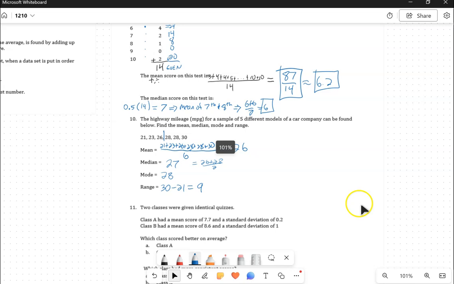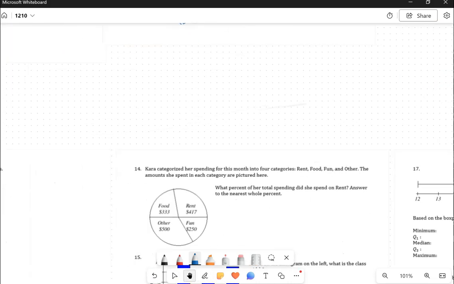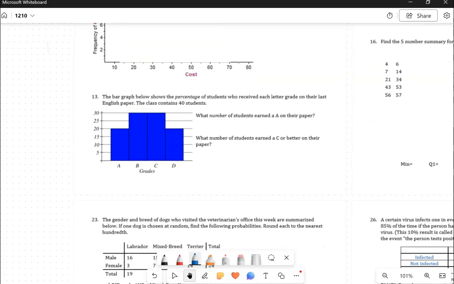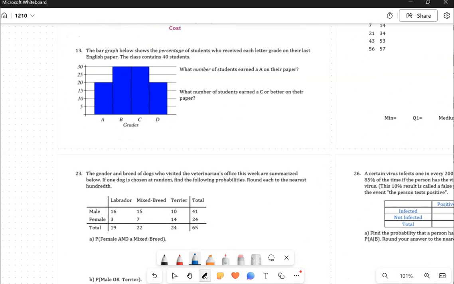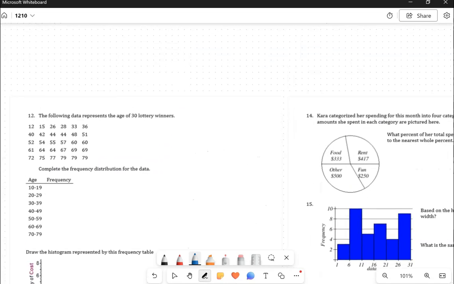So let me just do a quick check. I do not see standard deviation. I see lots of fun stuff coming up, but not standard deviation.